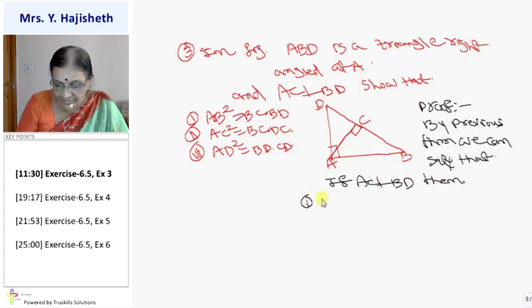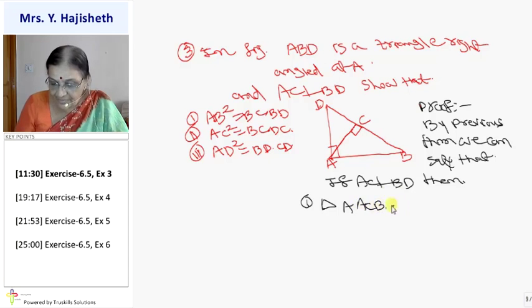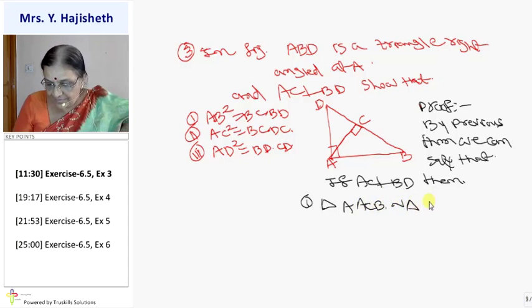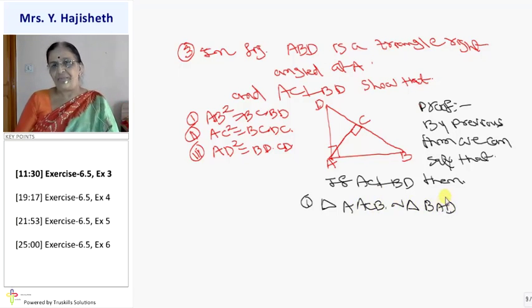In the first case we can take triangle ACB is similar to triangle BAD. Okay, ACB is similar to the whole triangle.